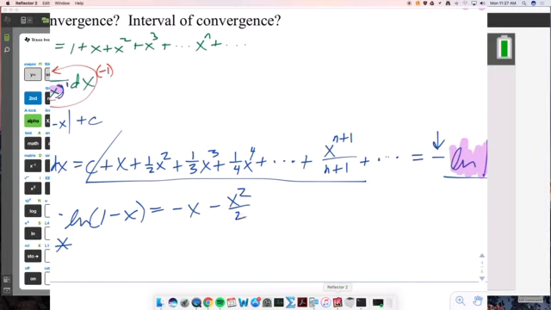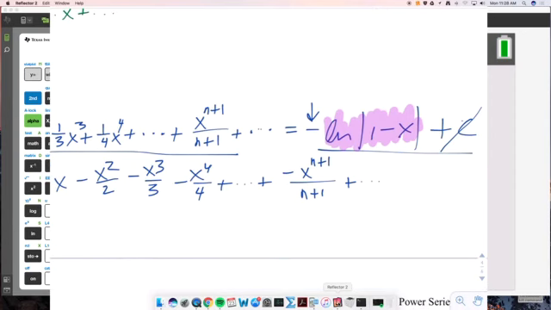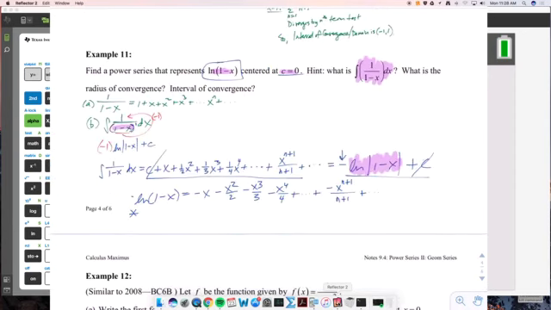So minus x squared over 2 minus x cubed over 3 minus x to the fourth over 4 plus, dot, dot, dot, plus. Can I put plus even though they're all minus? Yeah, that's fine. Negative x to the n plus 1 over n plus 1 plus, dot, dot, dot. Okay, so that should work.